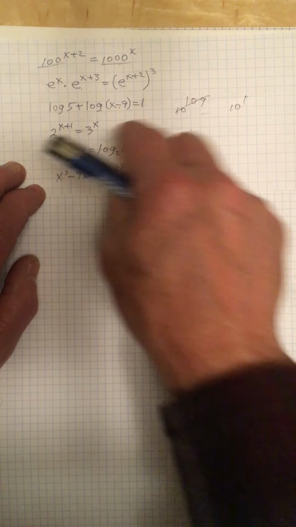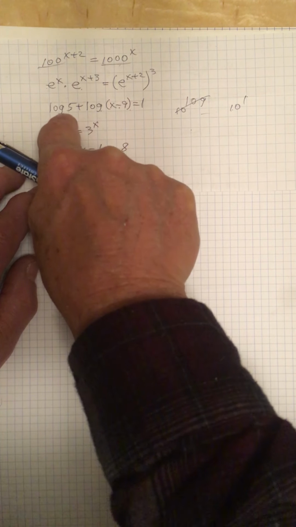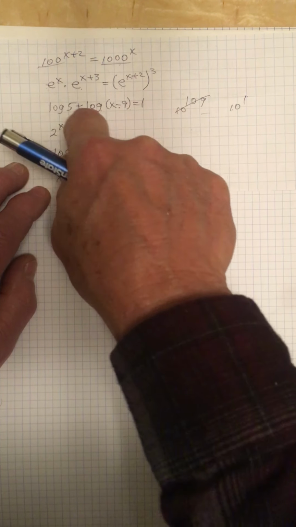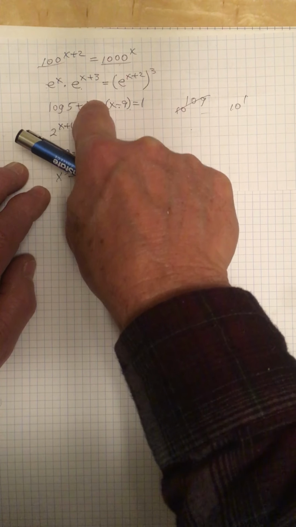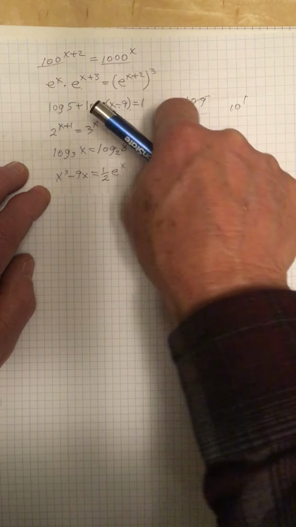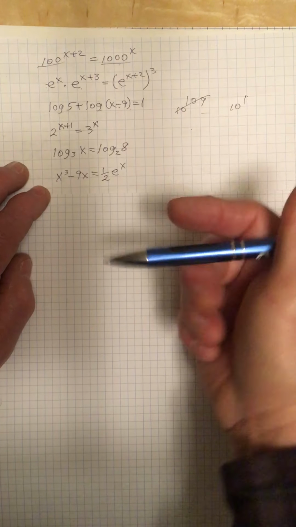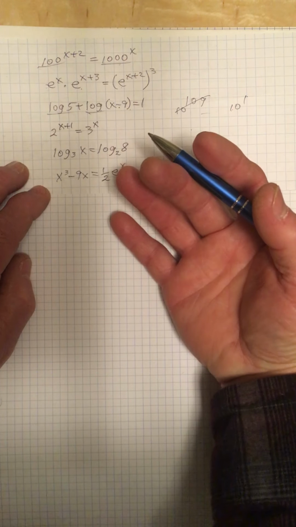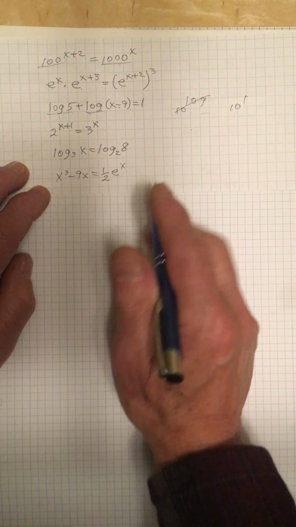Another option here, figure that out on your calculator, subtract it from 1, and then raise 10 to that and 10 to that, whatever that number happens to be. So again, I see log, I know I'm going to use a base of 10 to cancel it.